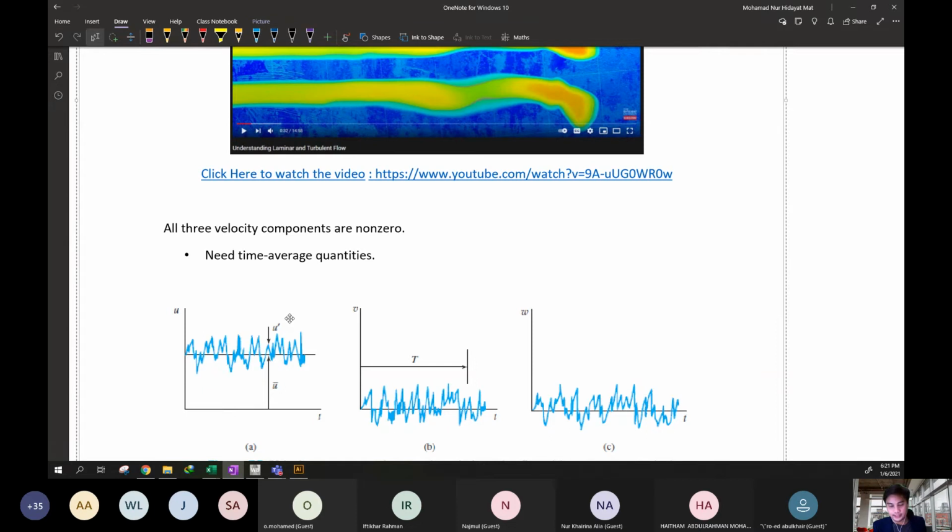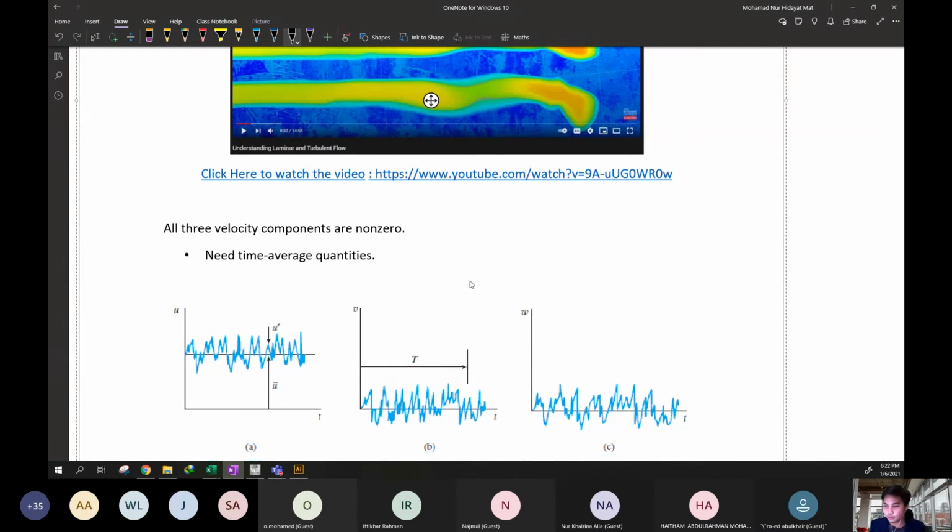So what do we need to do? We need to average them in order to get the velocity.